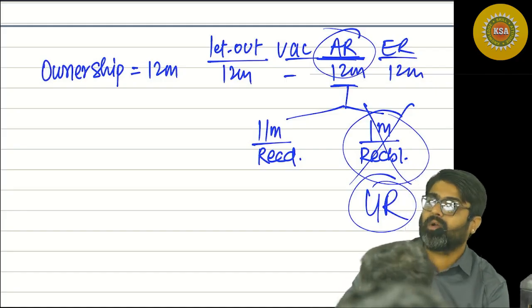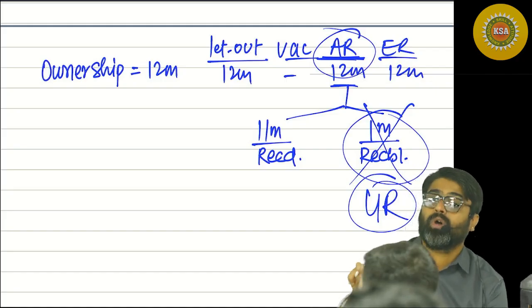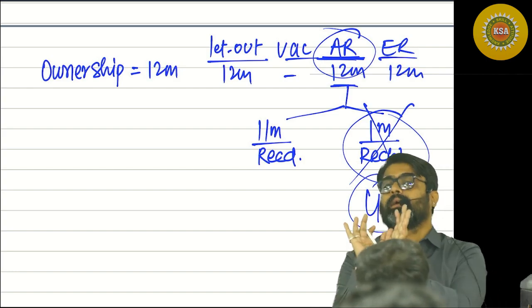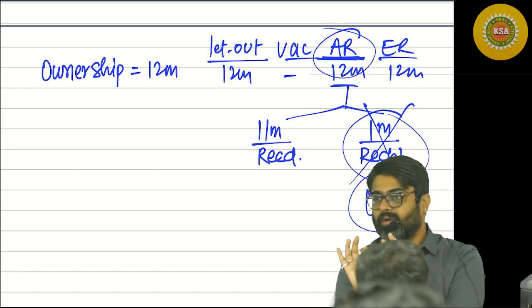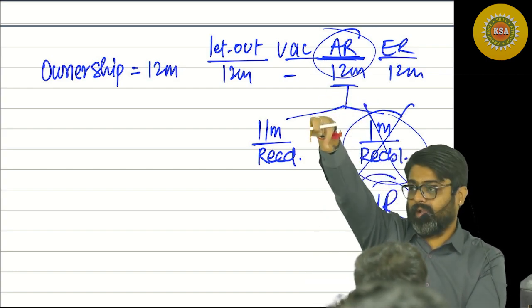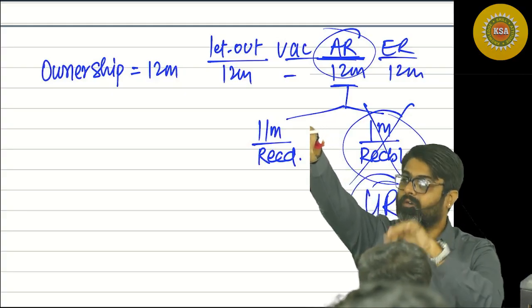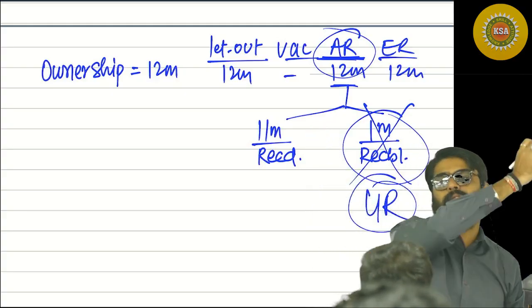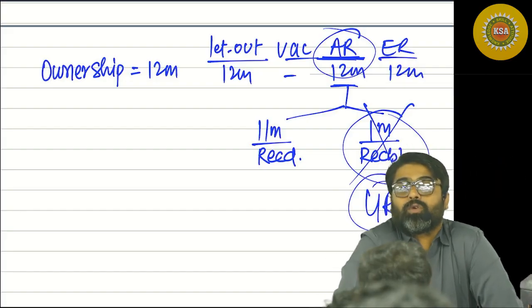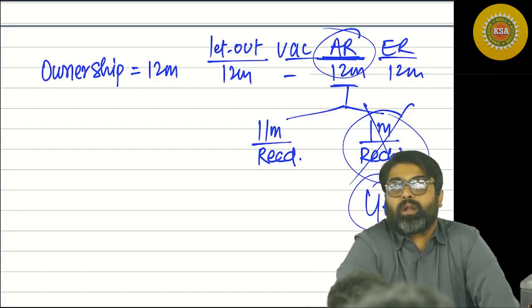It was a part of your actual rent only, but since you cannot recover it, the government says eliminate this amount from your actual rent.